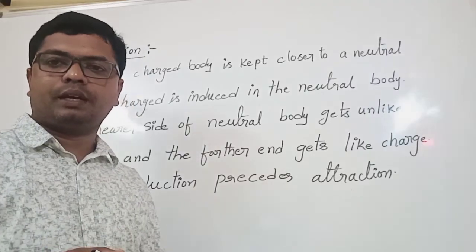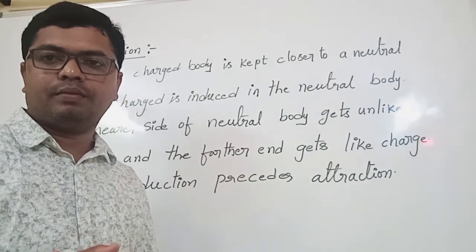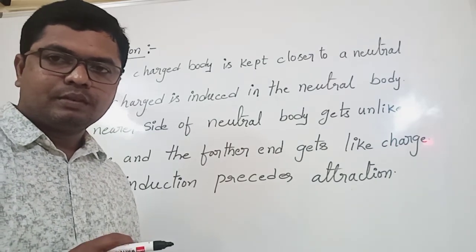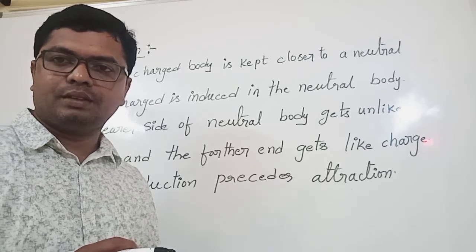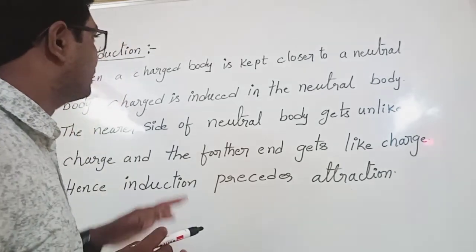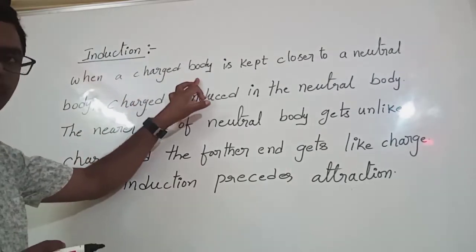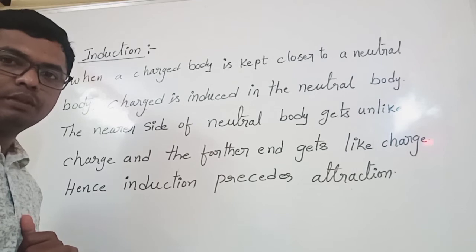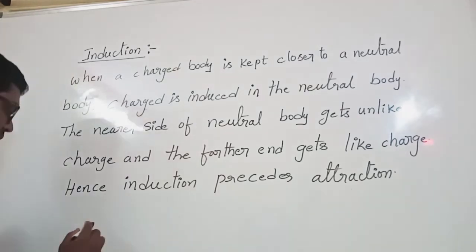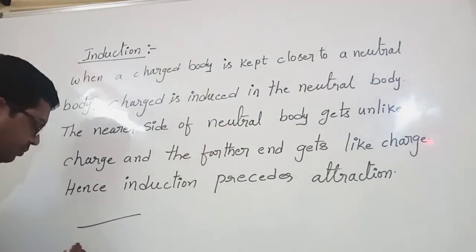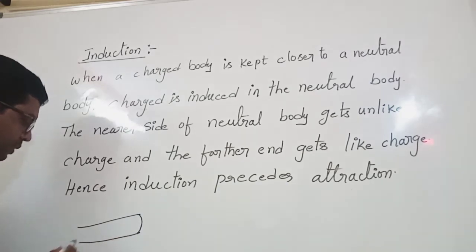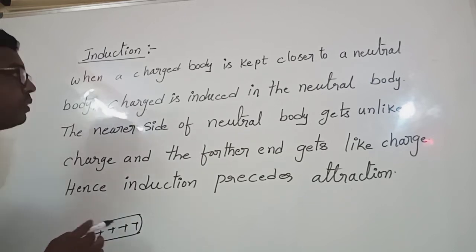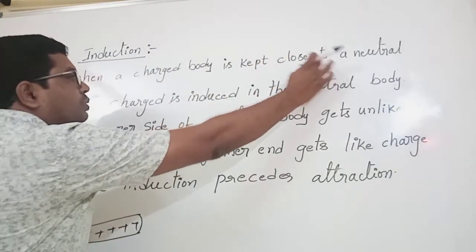Next we are going to discuss the other method of electrification, which is induction. In induction, a charged body is kept closer to a neutral body. Suppose this is a charged body, which I am assuming to be positive, and it is kept closer to a neutral body.